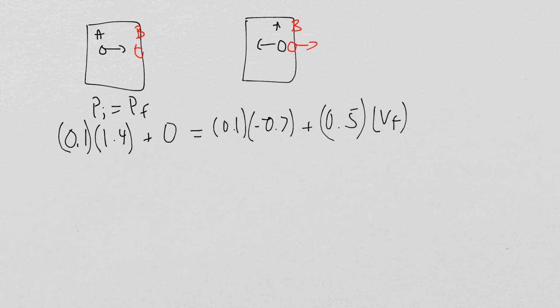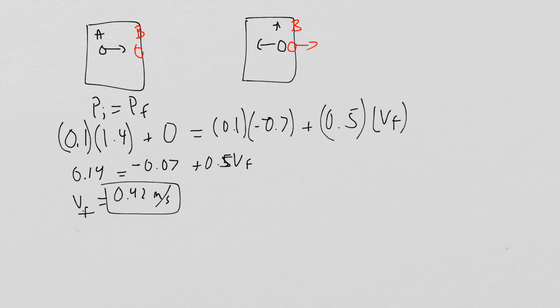So we clean this up a bit, and we get that V final is going to be 0.42 meters per second. Okay, good. So there's part A.